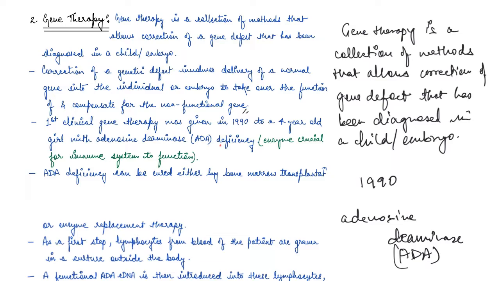Now, this disorder is caused due to deletion of the gene for adenosine deaminase. In some children, this ADA deficiency can be cured by bone marrow transplantation. In other patients with the same disease, it can also be cured by enzyme replacement therapy, in which functional ADA is given to the patient by injection.